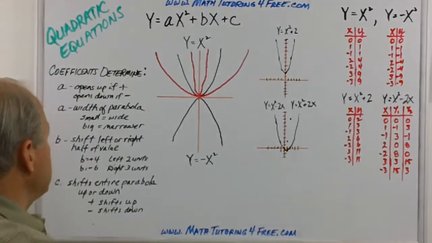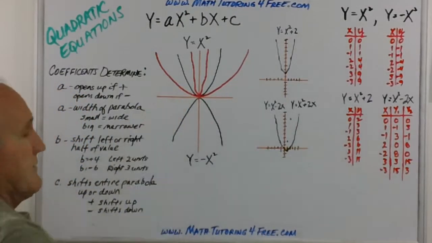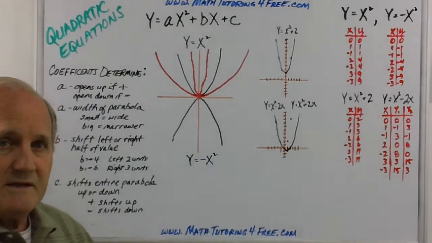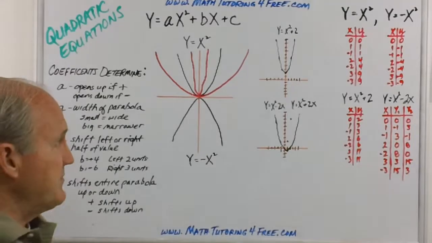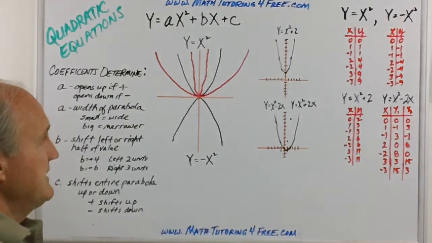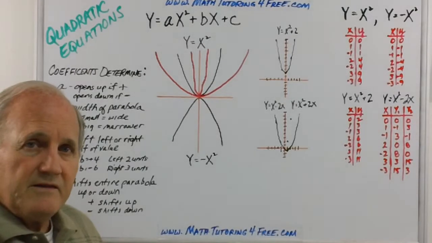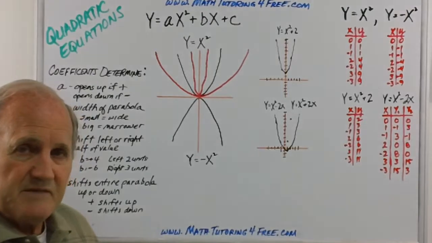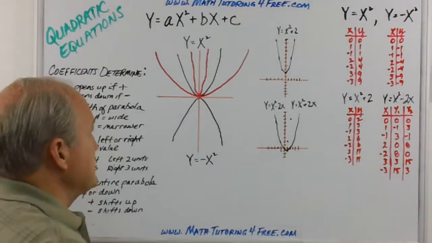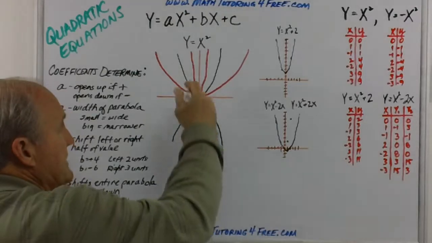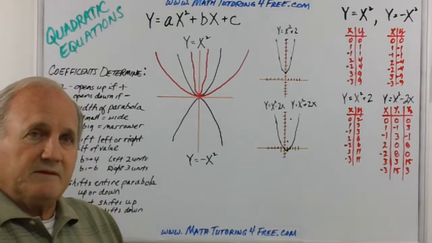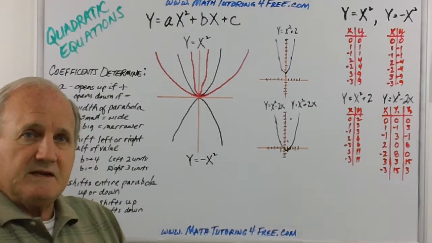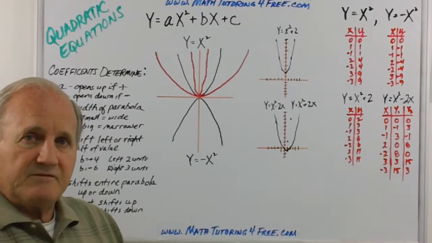The second coefficient, the coefficient of the x term, in the standard form we call b. That is important because that'll tell us where the axis of symmetry is. First of all, by the axis of symmetry, we mean the line that goes down the very middle of the parabola and splits the parabola into identical halves.